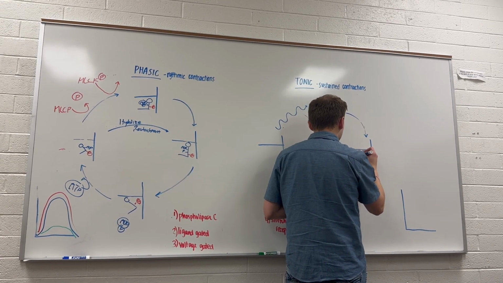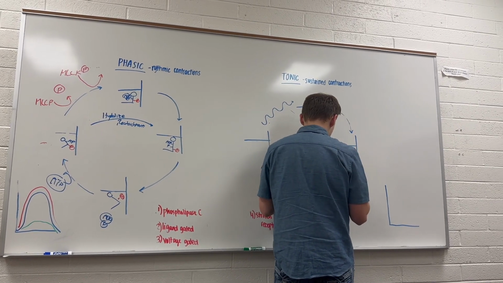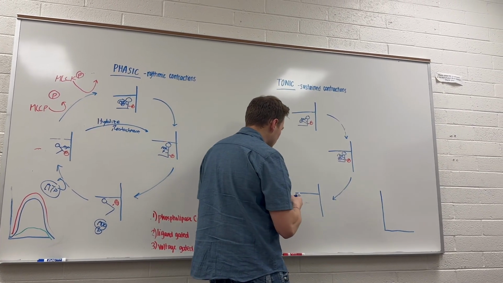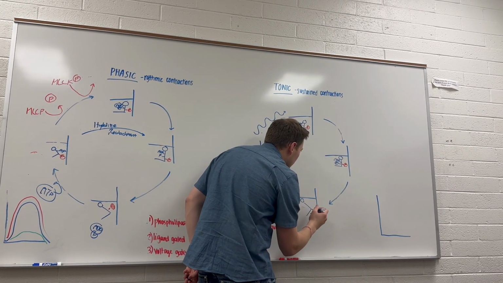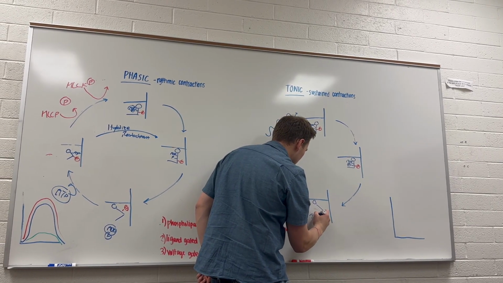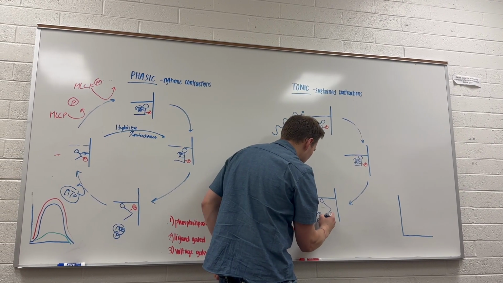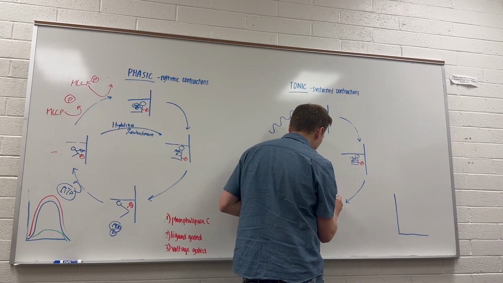And our phosphorus is there, and our other phosphorus is there. The phosphorus from the MLCK. And then we're going to do the power stroke again. Then we're going from cocked to uncocked. And again, ADP and phosphorus fall off, except for the phosphorus from MLCK.